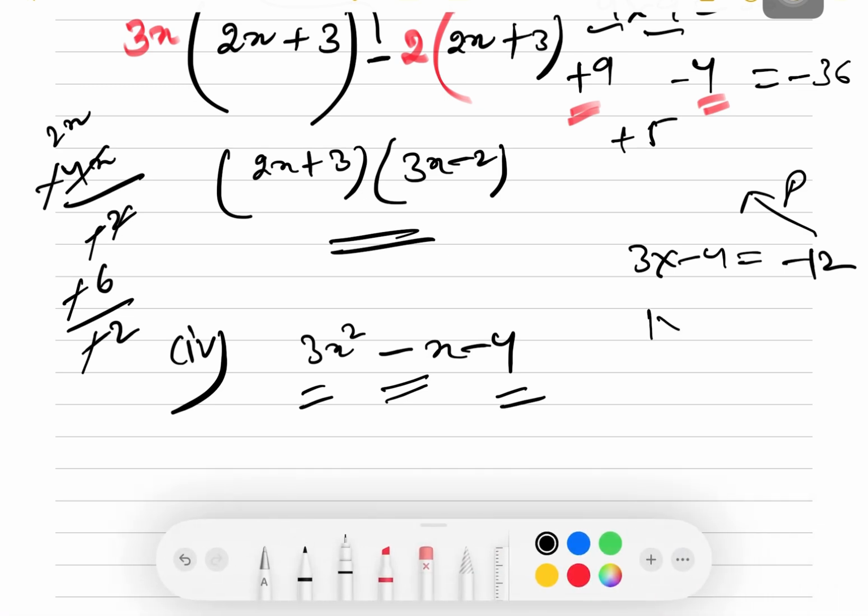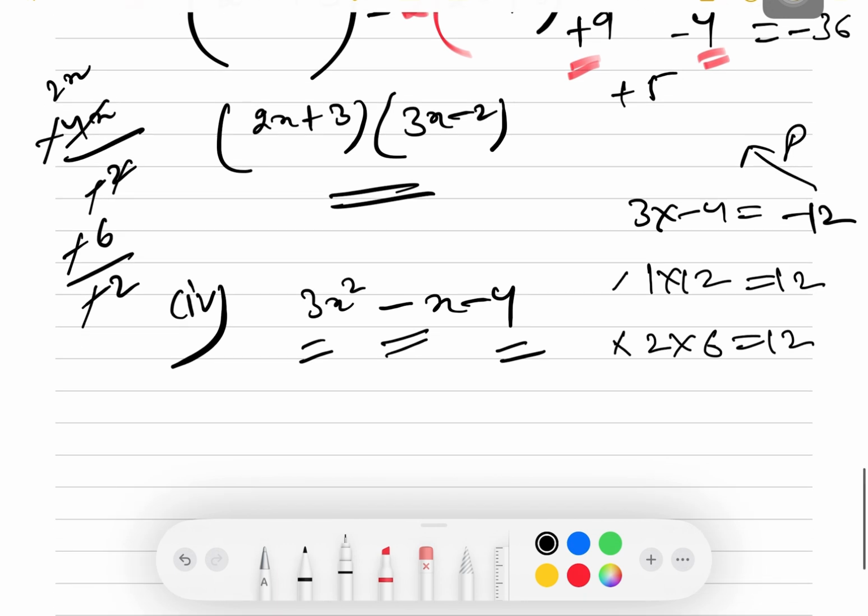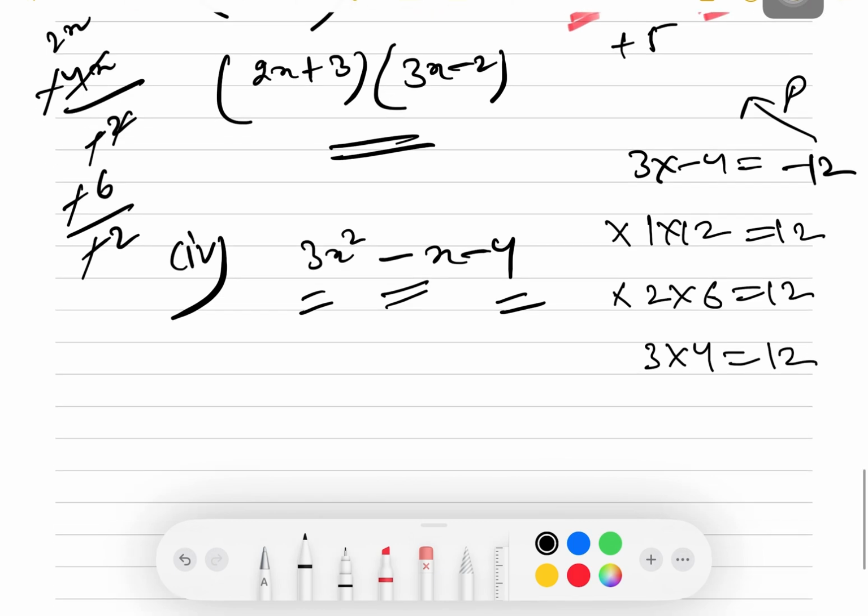So first start with 1. 1 into 12 will give you 12, but 12 minus 1 will not give you 1. Then go to 2 6s are 12, but 6 minus 2 again is not 1, and 6 plus 2 is 8, that is also not 1. So this is crossed, this is also crossed. Come to 3 4s are 12, so the product we got is 12 again, and 4 minus 3 we can get 1. So our two conditions can be satisfied.